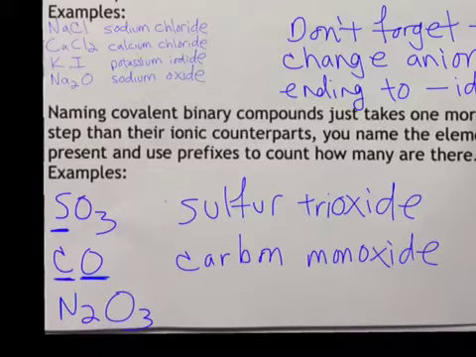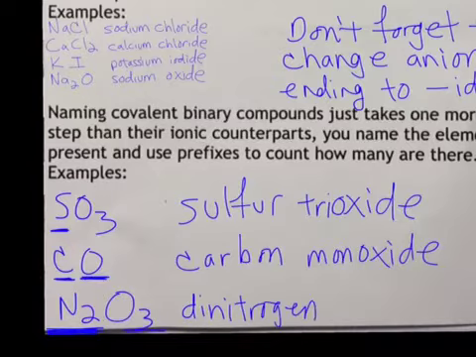On the last one, I have more than 1 of these nitrogens. So I am going to have to use a prefix there to show that there are 2. So that's going to be dinitrogen. And then that prefix for 3 is trioxide. Okay? So that's it. That's the build upon for the covalent compounds.